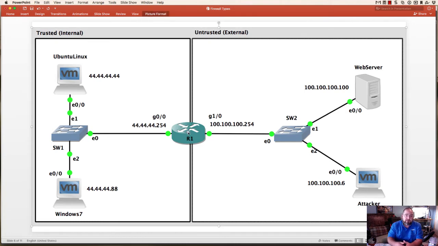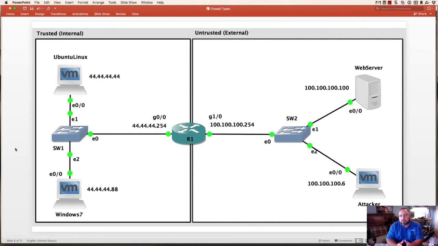So this device right here is our firewall in this network. When the traffic comes from the Windows 7 computer going to the web server, a state entry is created in the firewall's state table that's going to allow the web server's traffic back in, based upon TCP source and destination port, IP address source and destination, as well as the flag bits on the connection. So that traffic is allowed out.